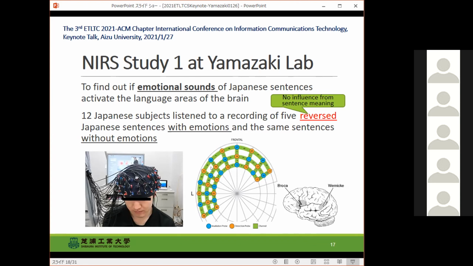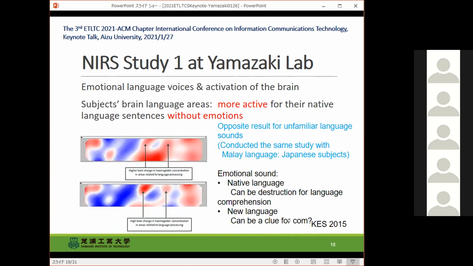And then we measured the language area of their brain. We found that when they listen to Japanese, which is their native language, their language area is more active without emotion.